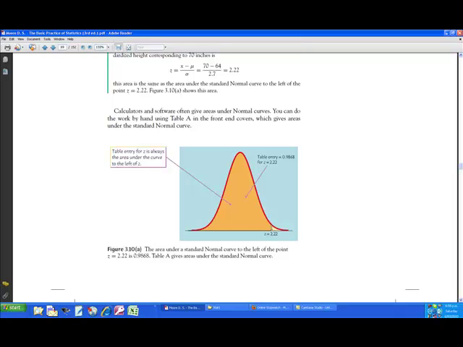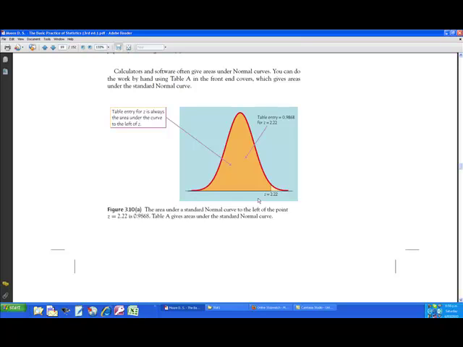And if we knew what the area was below here, that is the area in the orange area, then we would know, let's say, suppose that the orange area is 0.9868. Remember, the total area is 1, so this number has to be less than or equal to 1.